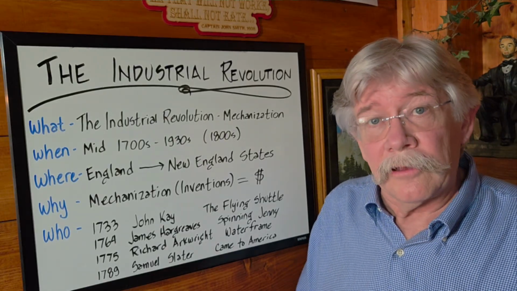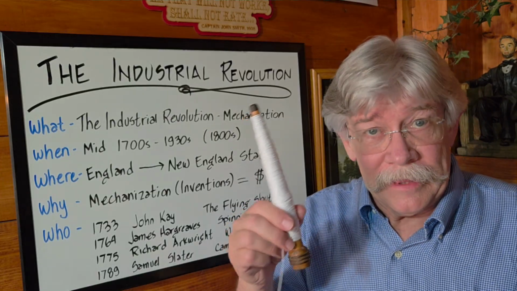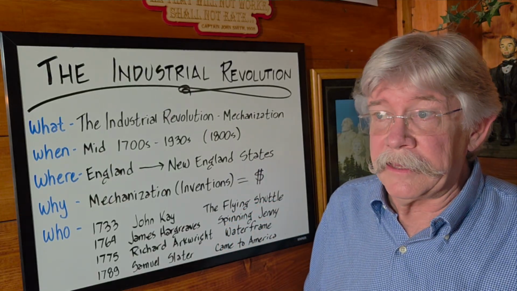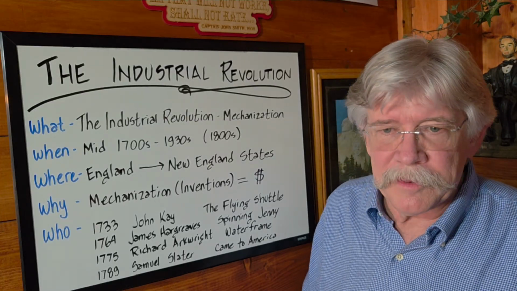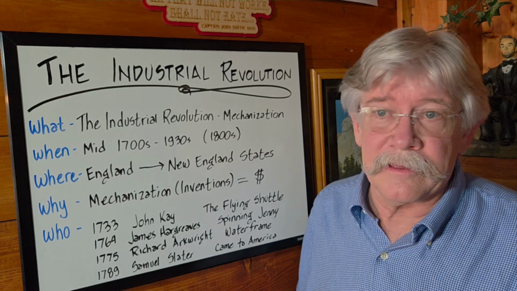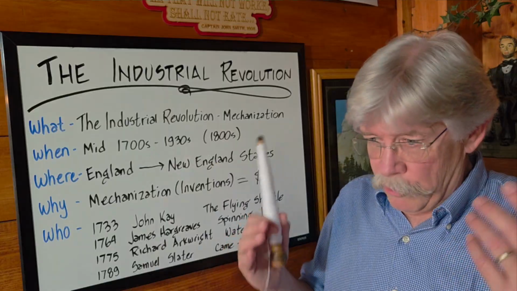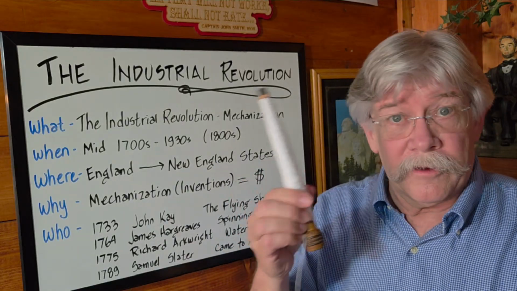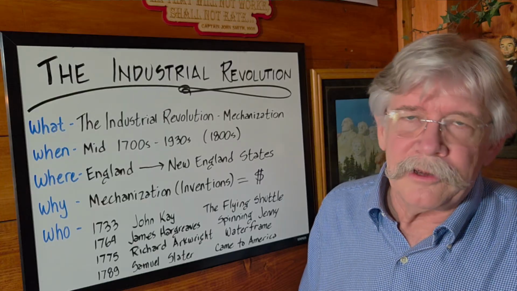Now, it is illegal to export the machines that are making this. It is illegal to export the blueprints, the ideas, the concepts, anything to do with these machines. It's forbidden. It's against the law to export those, because England is getting rich, right? Britain is getting filthy rich off of cloth. Samuel Slater wants to get rich, and he's not going to do it in England.